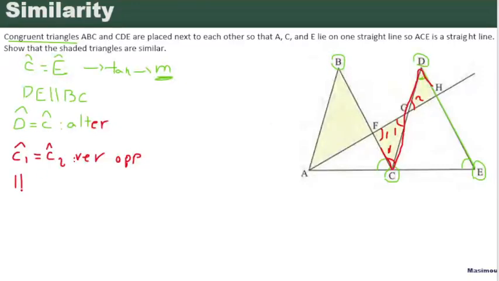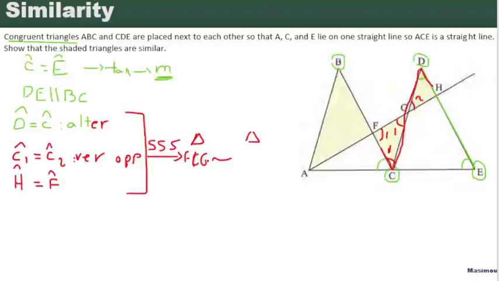So angle H equals angle F. So with these three steps, I could prove with AAA that these two triangles FCG and HDG are similar.